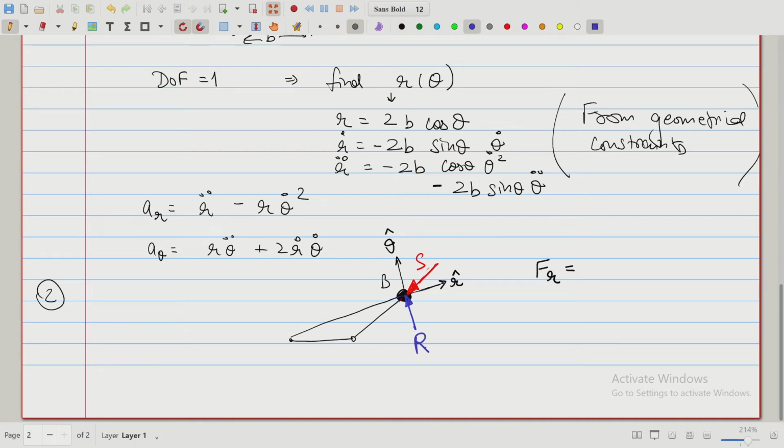The r force, that's the rod force, does it have any component along r hat? Only the s force? So again you can see this is theta.